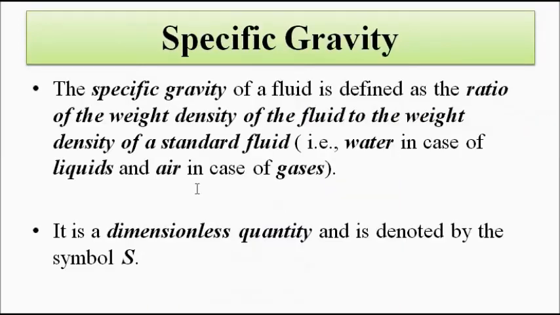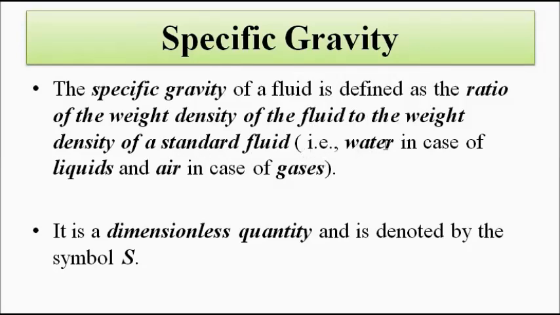We have already discussed all these properties in the earlier section of fluid mechanics. You can check out the playlist fluid mechanics and hydraulic machines, where I've discussed all these basic fluid properties. The specific gravity of a fluid is the ratio of the weight density of that particular fluid to the weight density of a standard fluid.